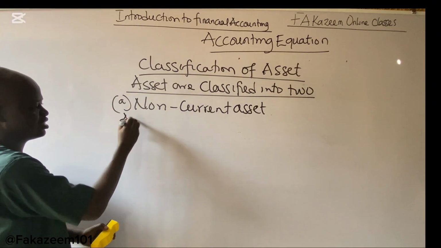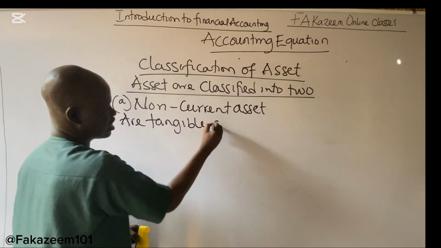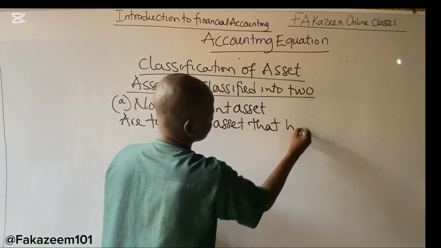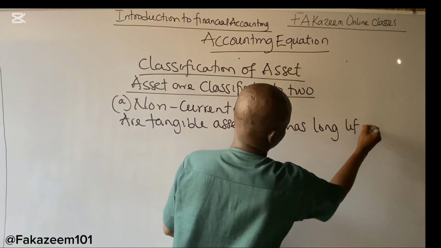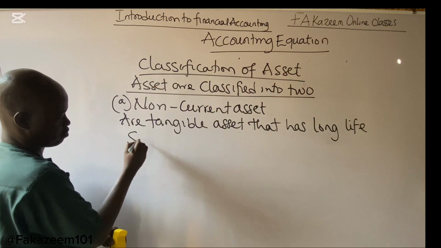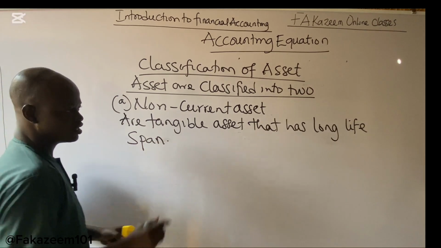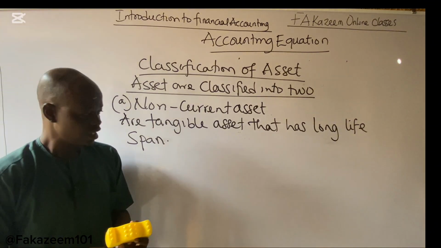Non-current assets are tangible assets that have a long life span. They are resources acquired into the business that can last for years.